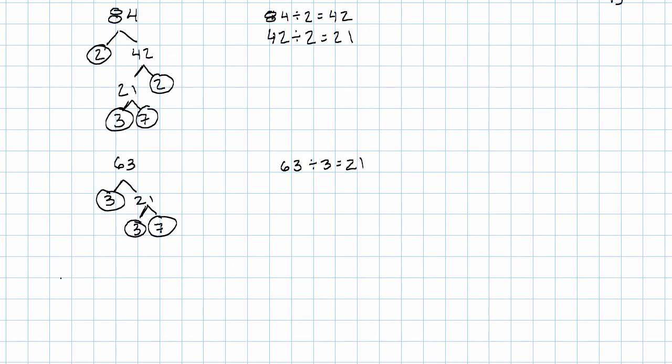Just copying this for easy reference, we have 147 is 3 times 2 copies of 7, so 7 squared. 84 is 2 copies of 2 times 3 times 7, and 63 is 2 copies of 3 times 7.